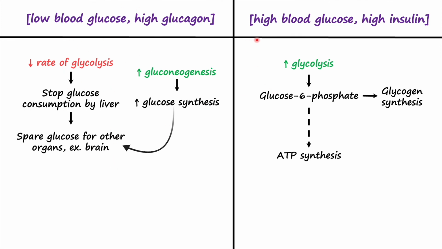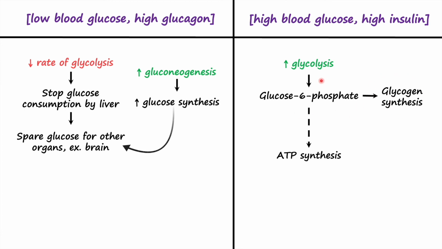Now, in the presence of high blood glucose, there is an increase in insulin secretion, and an increase in insulin level can increase the rate of the glycolysis pathway. The main purpose is either to synthesize ATP through glycolysis, or if too much ATP is being synthesized, then glycolysis can also divert into glycogen synthesis in the liver.